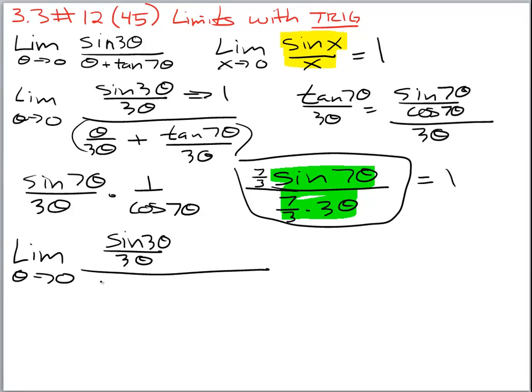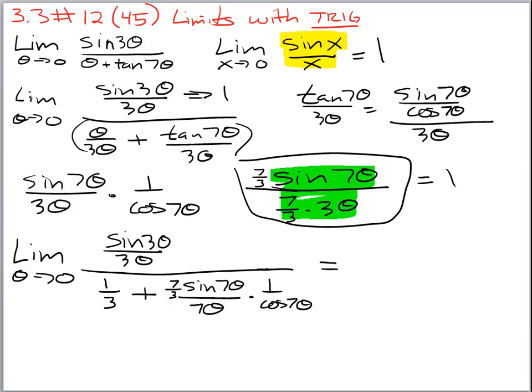On the bottom we have 1/3, right, because the thetas cancel, plus, and then this piece became all of this stuff, right? So it became 7/3 sine of 7 theta over 7 theta times 1 over cosine of 7 theta.